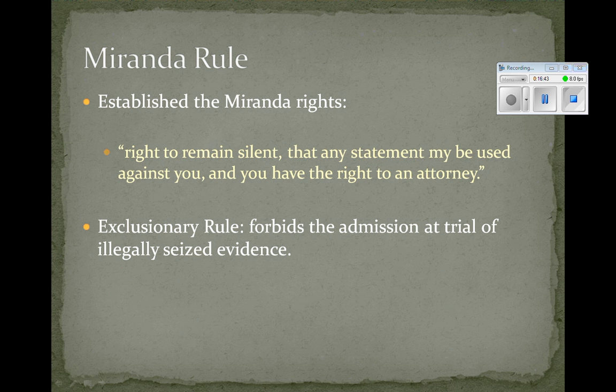So that means that if a police officer or a federal officer finds a piece of evidence in your house or on you, but he obtains that illegally, no matter how damning that evidence could be in your trial, if it's found illegally, then as a result of the exclusionary rule, it will be thrown out of the court of law and not used. And a lot of times the Supreme Court looks at whether or not something was obtained legally or not, and whether it therefore can be used.